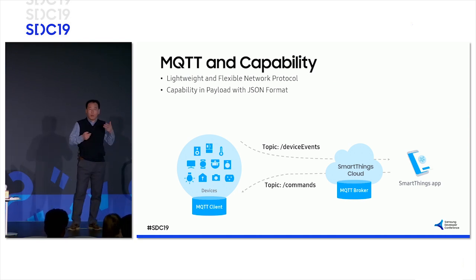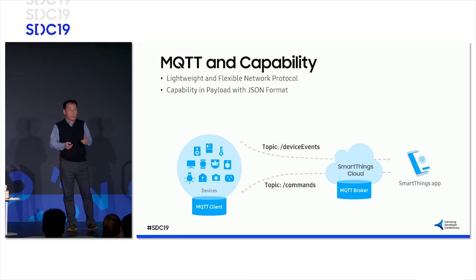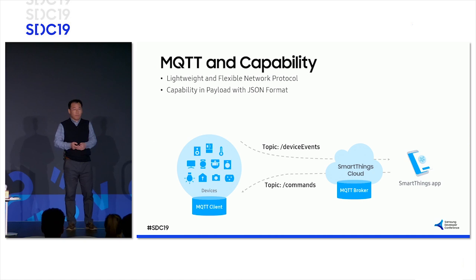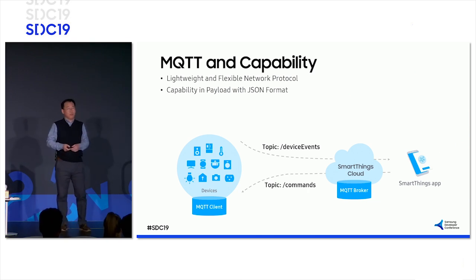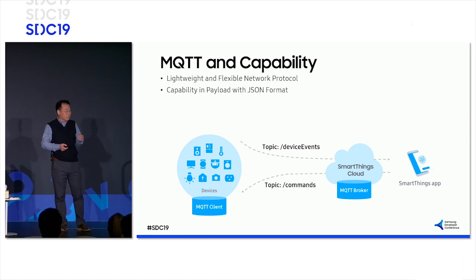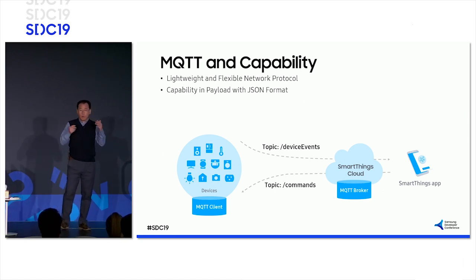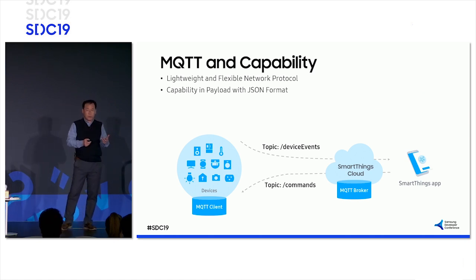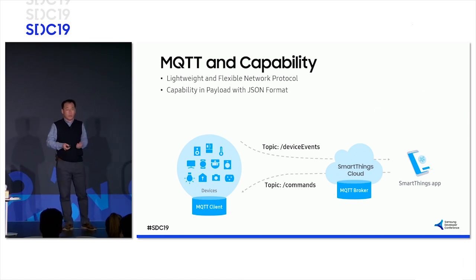It allows abstracting a specific device into the underlying capabilities. Let's see MQTT first. The MQTT protocol defines two types of entities in the network, which are a message broker and a number of clients. The broker is a server that receives all messages from the clients and then routes those messages to relevant destination clients.